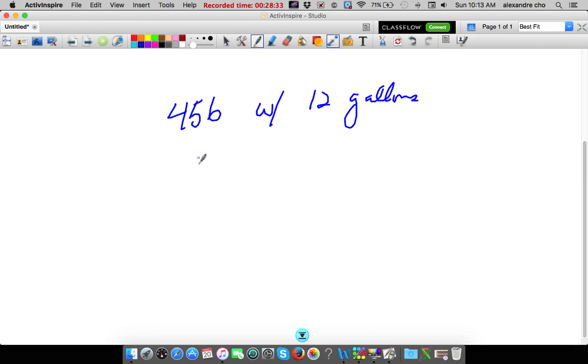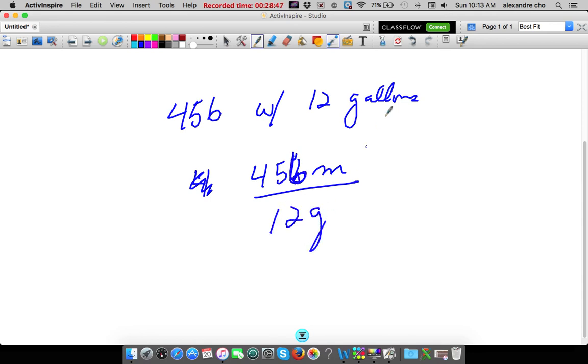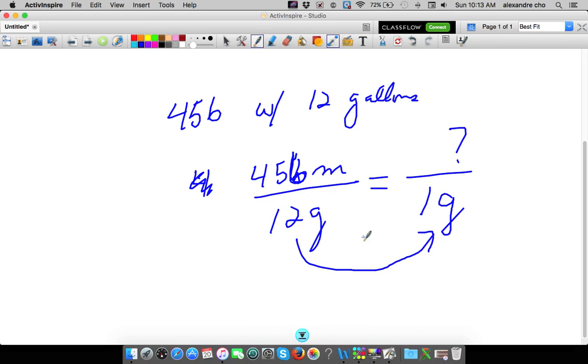So here's our ratio. 456 miles took 12 gallons. If I write another ratio on the other side, I want to know with 1 gallon, how much can I go? I know how far this car will go with 12 gallons, so what's the relationship here? Is there one? Yes, there is.